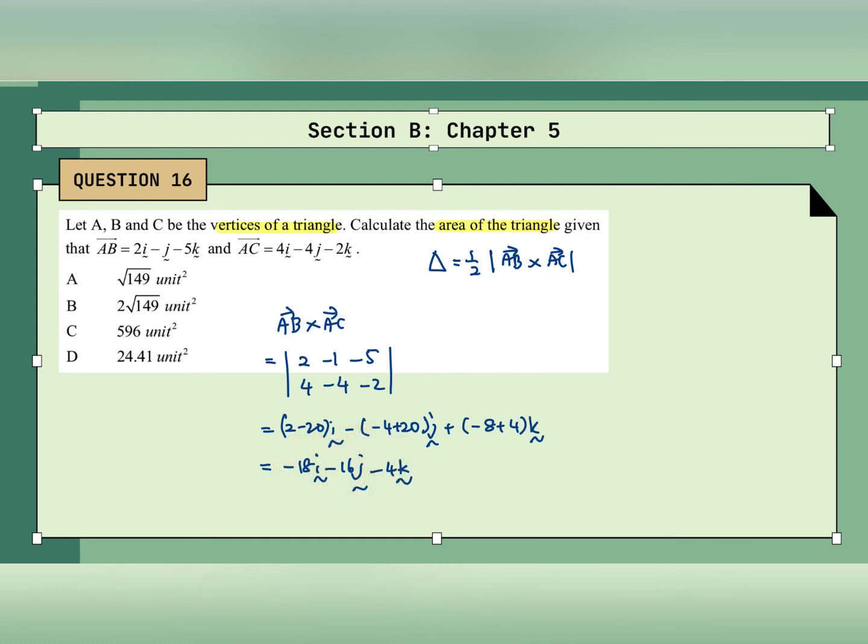Okay, so the magnitude dia akan jadi square root kepada 18 squared plus negative 16 squared, plus dengan negative 4 squared. Okay, masukkan dalam calculator. Okay, so I get 1 over 2 times by 2 square root of 149. So kita punya jawapan akan jadi square root of 149 sahaja. Okay, so the answer is A.